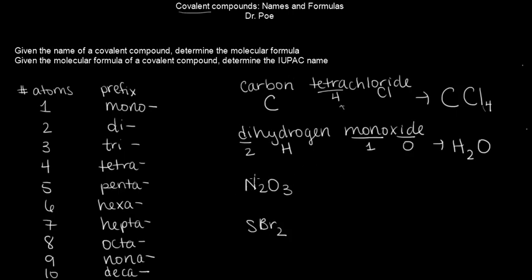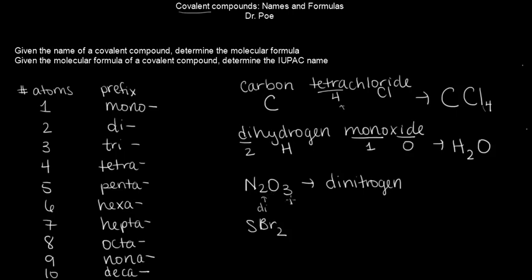Okay, so for the next ones, we need to derive the name because we're given the formula. So for N2O3, we know that 2 means di. So this is going to be dinitrogen. The first atom, we don't do anything special to its name. But for the second one, it's going to have to end in "ide."